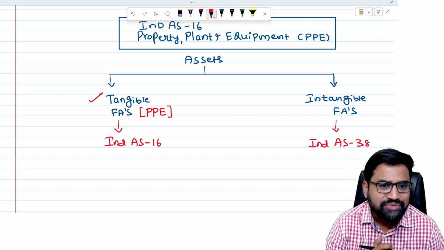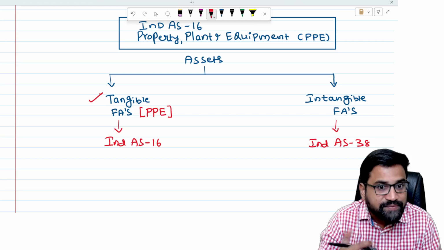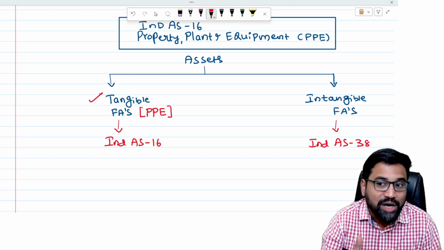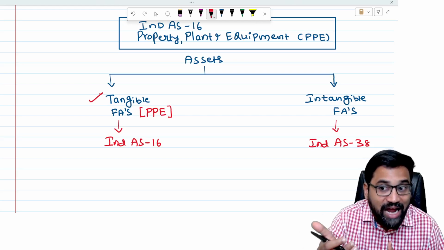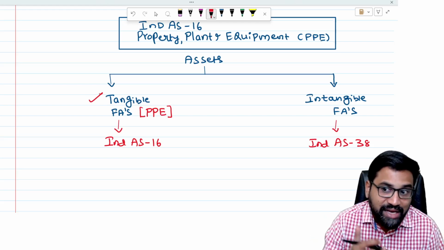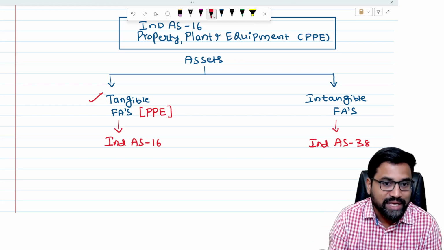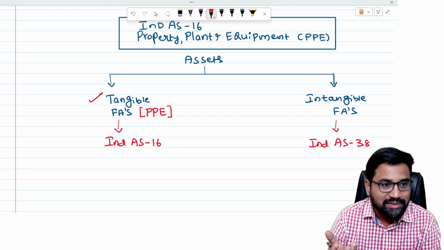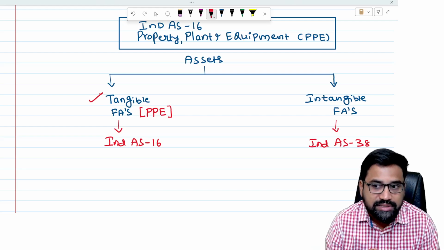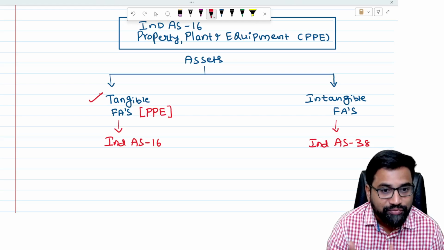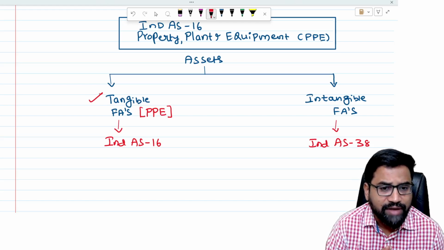Otherwise what happens? Assets are very, very important resources. Suppose there are no prescribed principles, what will business organizations do? They will overcapitalize the assets, they will undervalue the assets. Whenever they want to show more net worth, more assets, they will overvalue. So if there is no proper guidance and no proper principles, there is a chance that there will not be any uniformity, and there is scope for overvaluation or undervaluation of assets.